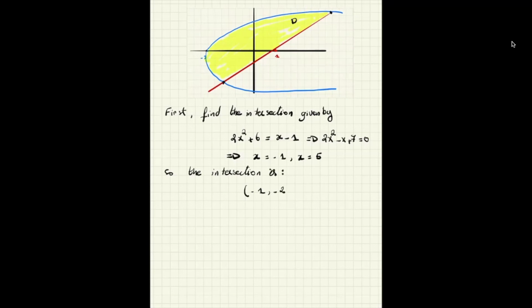The other function is y squared is equal to 2x plus 6. And then the other one is x minus 1. It's 2x, not 2x squared.